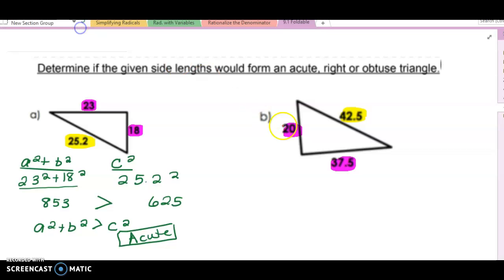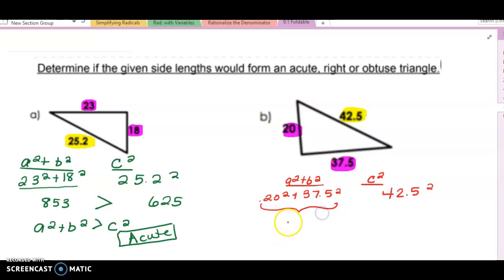All right, so once again, my a squared plus b squared, and I want to compare that to my c squared. Okay, a squared and b squared are in purple, so 20 squared plus 37.5 squared, and I want to compare that to 42.5 squared. If I just put this in my calculator, guys, I get 1806.25.